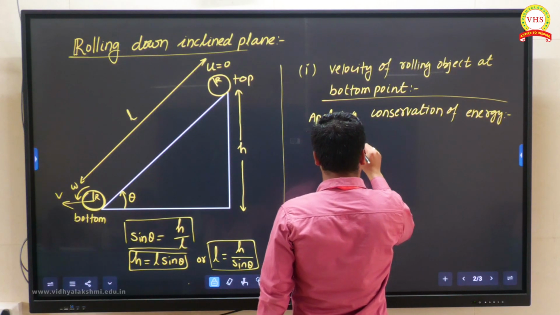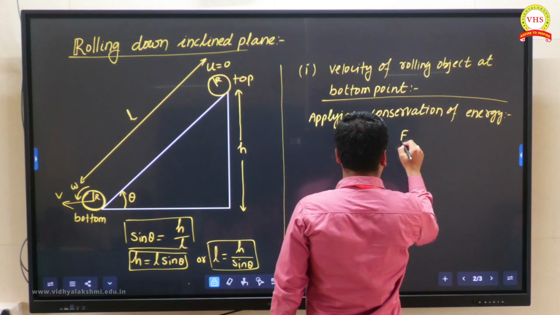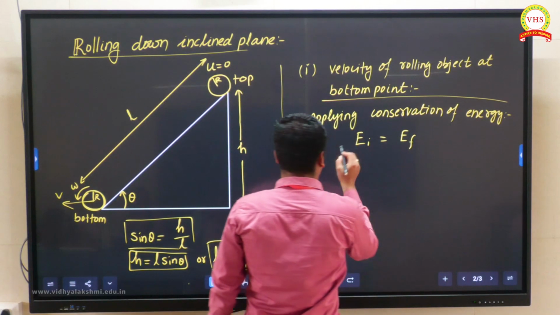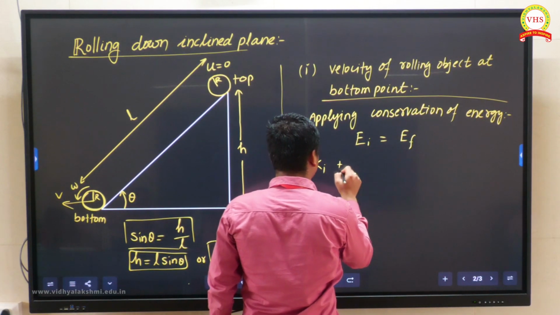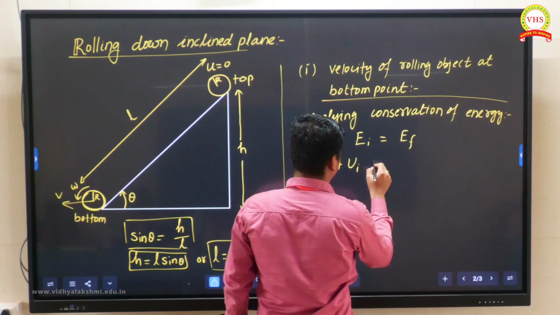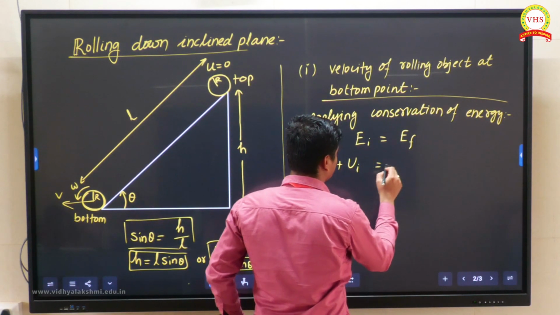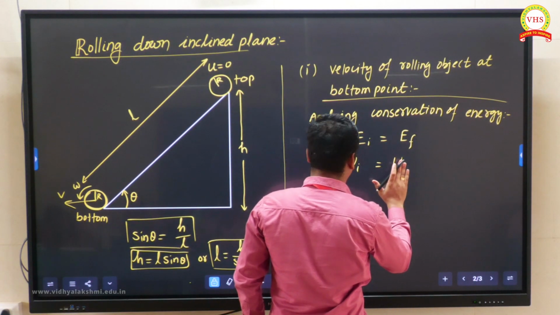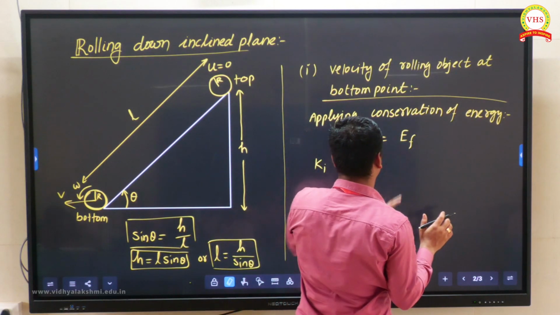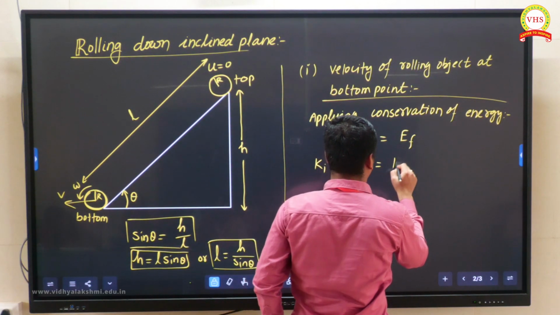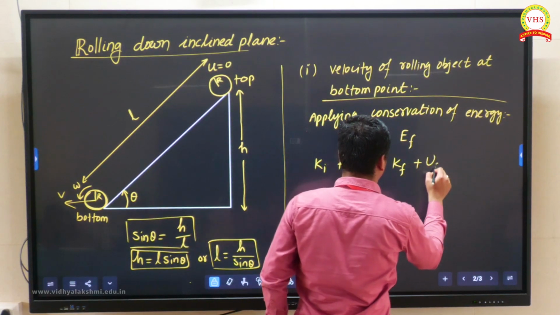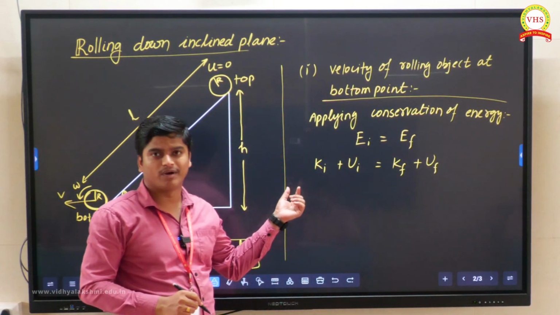Total initial energy equals total final energy. Initial kinetic energy plus initial potential energy equals final kinetic energy plus final potential energy. Now all of you listen carefully. What is the initial kinetic energy?